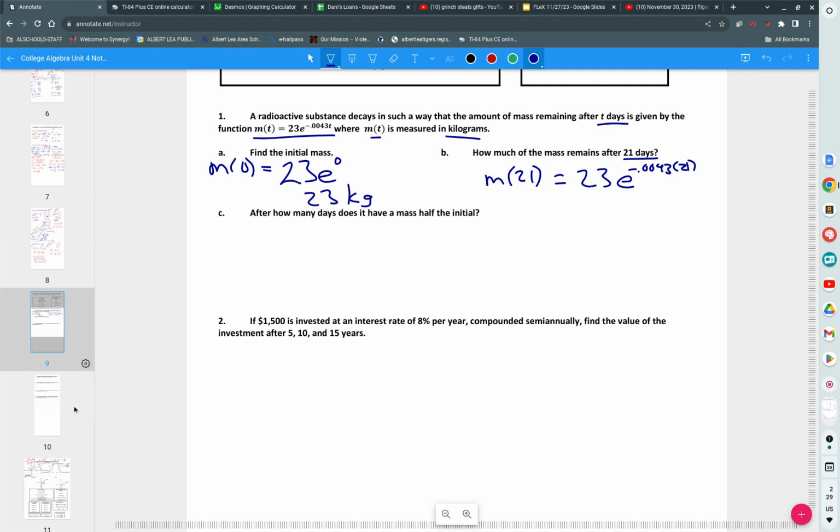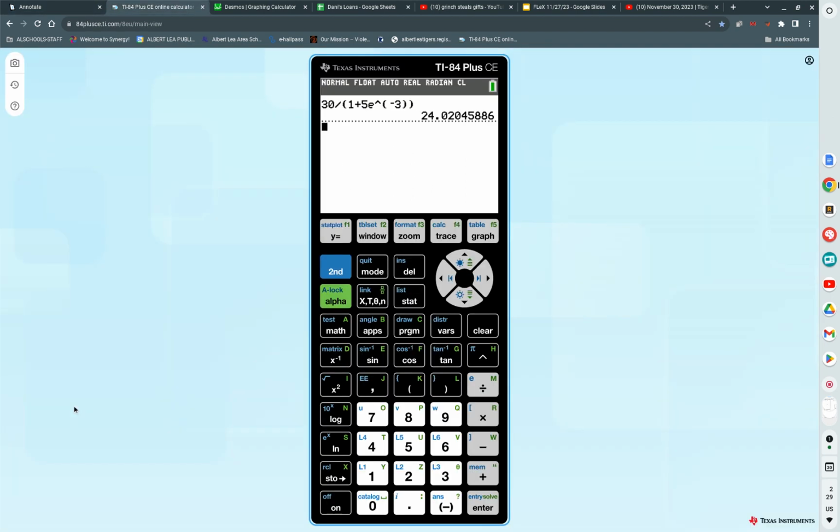So I'm going to go ahead and grab my calculator. I have 23. The e button is right above natural log. Negative 0.0043. I'm going to multiply that by 21.